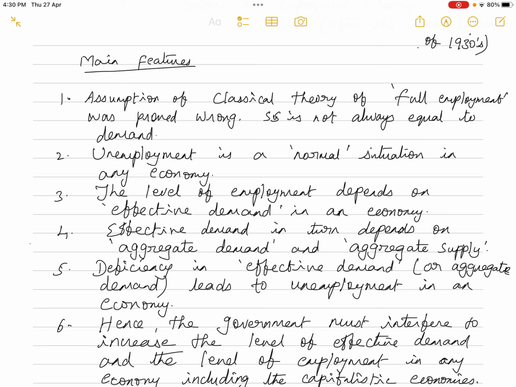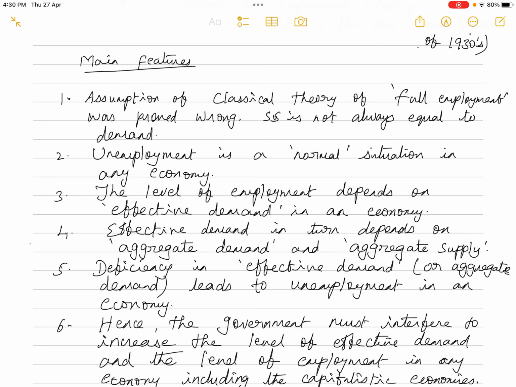But the Great Depression of the 1930s proved that supply was not able to create its own demand. There was too much unemployment in the economy. There were too many goods and services, but there was no demand for any commodity because of the level of unemployment.